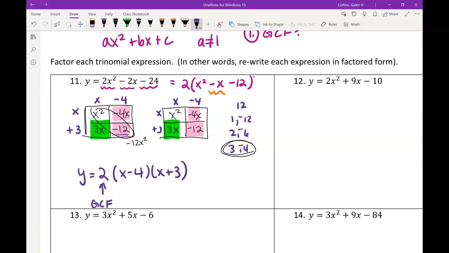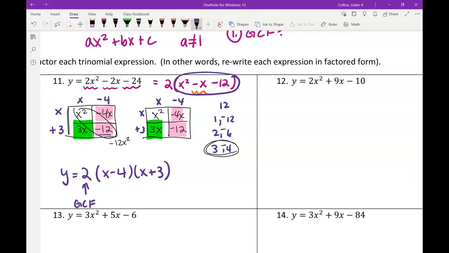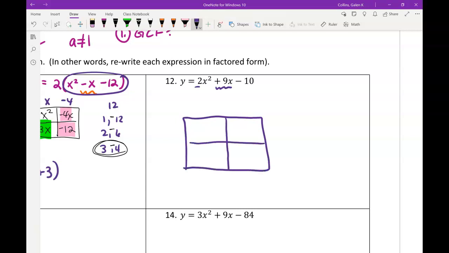So we really only have to worry about factoring this part. But unfortunately, we can't always pull out a GCF. So in number 12, notice that 9x is not divisible by 2. So I'm going to have to do this problem differently. And I'm going to have to make one rectangle that has a 2x squared here, a negative 10 here.